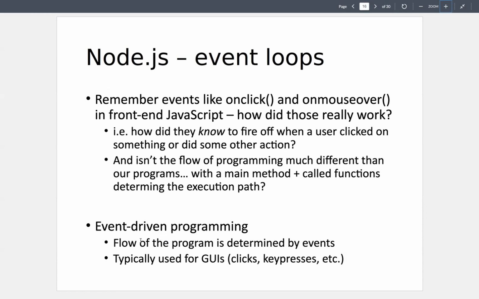So flow for the program is determined by events, typically used for GUIs, clicks, key presses, etc. Remember events like on click and mouse over in your front end JavaScript, how do those really work? How do they know to fire off when a user clicked on something or did some other action? And isn't the flow of programming much different than our programs with a main method plus called functions determining execution path?